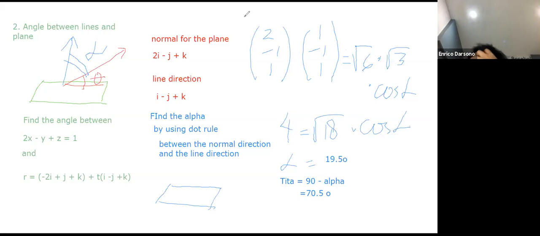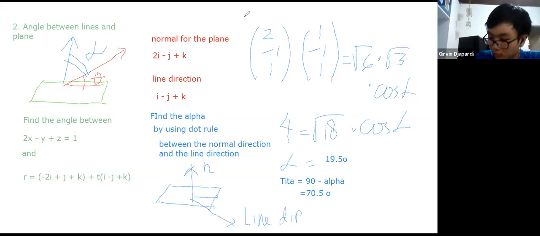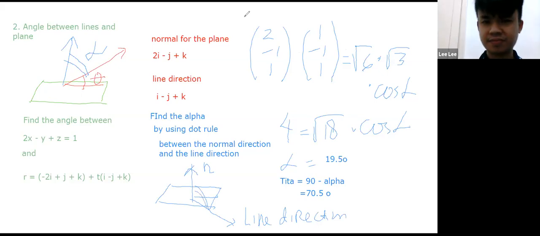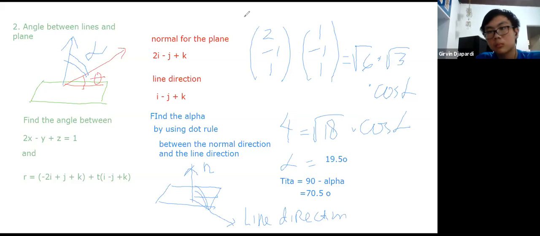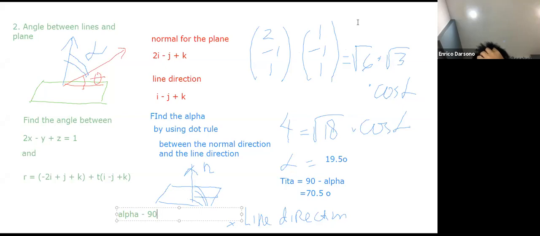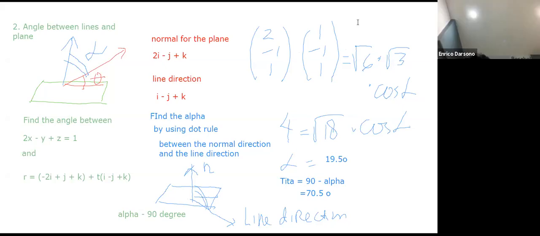If your line is not heading in these directions, when you take the normal and dot with the line direction, let's say you get an obtuse angle. You still take 90 minus that? For some cases, you need to take your alpha minus 90, if it's an obtuse angle. Any question? No question. Okay, take it off the board.